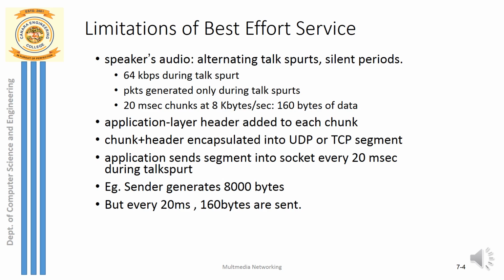There may be n number of other senders also sending data. So the queues might already be filled up with n number of packets or datagrams sent by n number of senders, and because of this, at the intermediate routers' end, there might be traffic that is generated.